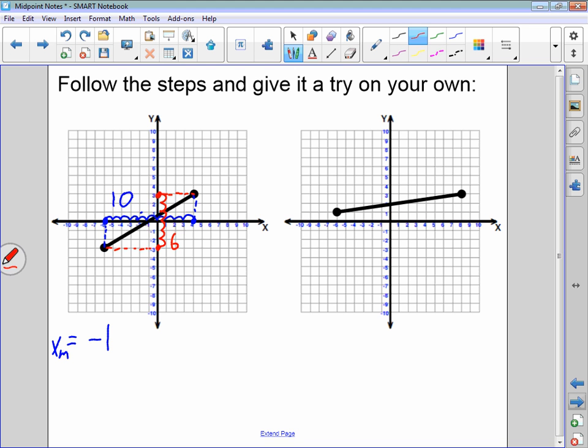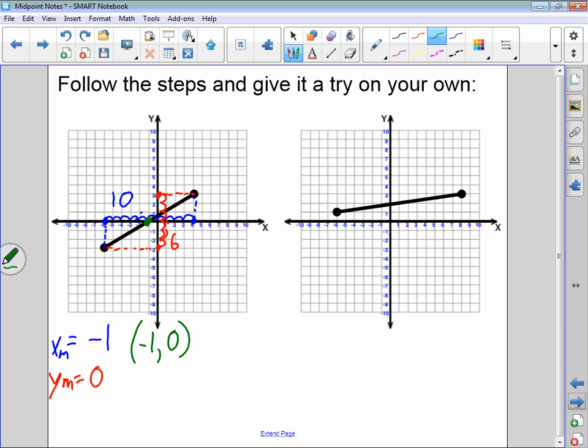And now for the red, or the y, I will count half of 6, which is 3. 1, 2, 3, I'm at 0, so y of the midpoint equals 0. I'm going to convert those into an ordered pair and get -1, 0. When I go to -1, 0 right here, I'm at my midpoint.